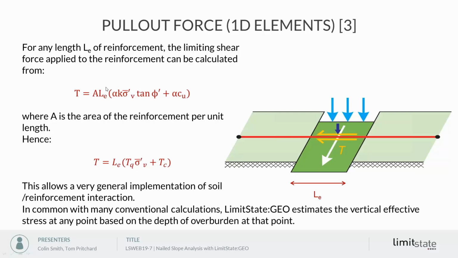And what we do is reduce that equation down to this in the software, so it's the length times tq times sigma v plus tc, and it's up to the user to specify the values tq and tc, which are going to come out as alpha k tan phi for tq and alpha cu or alpha c dashed for tc, and then the software will model that interaction correctly, or in line with the way it's done conventionally.